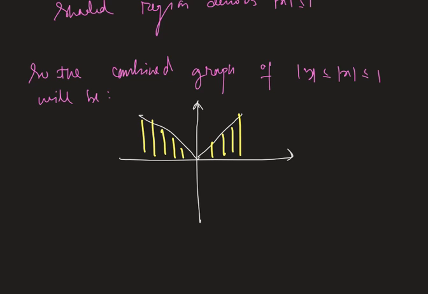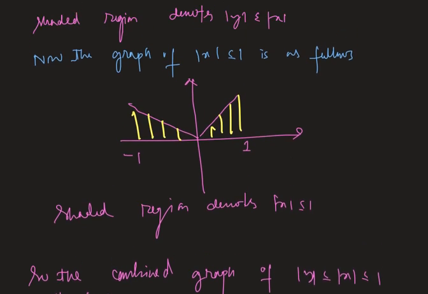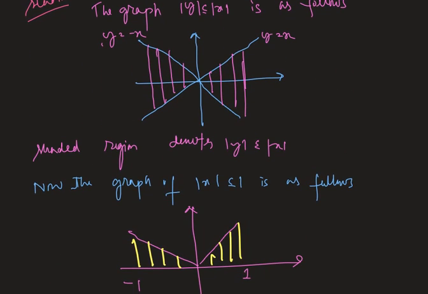This is something like an intersection portion of these two graphs, and if we see the graph logically, then we can see that the intersection of these two graphs is nothing but this graph.